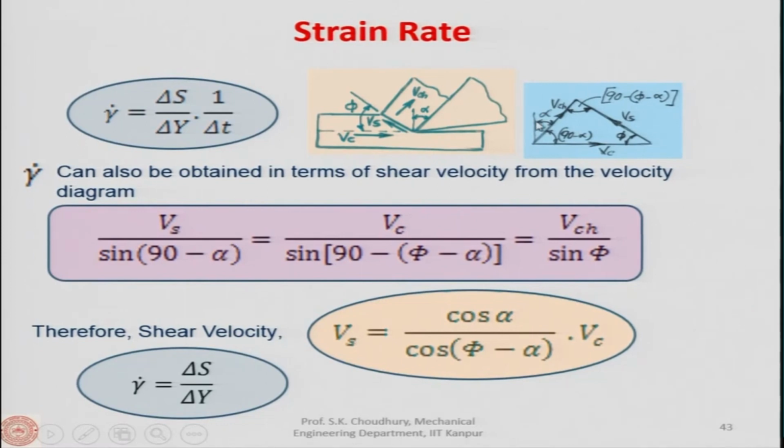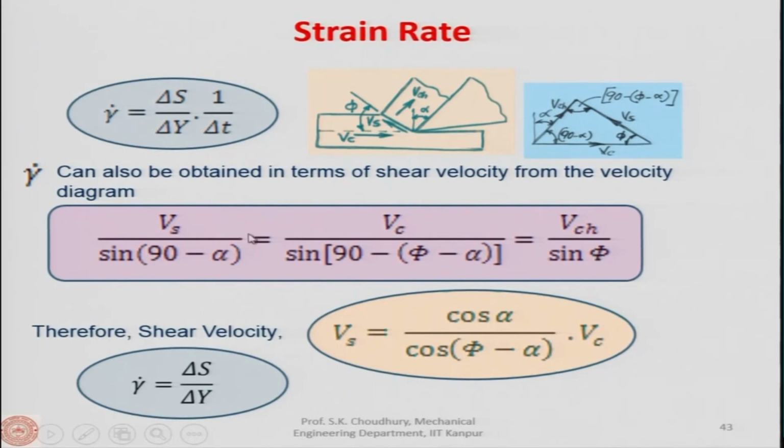If you take that, then you use the sine rule and you will find that Vs divided by sine of the opposite angle 90 minus alpha is equal to Vc divided by sine of opposite angle 90 minus (phi minus alpha), is equal to Vch divided by sine of phi. Here it is written, same thing.